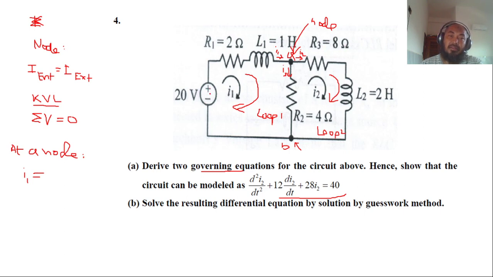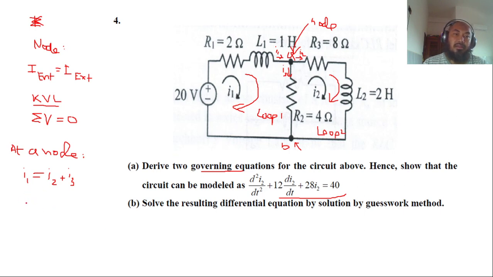But if you cannot define, no problem, just define any direction you like, because later you have minus, which is again what you assume. So I1 is equal to I2 plus I3.